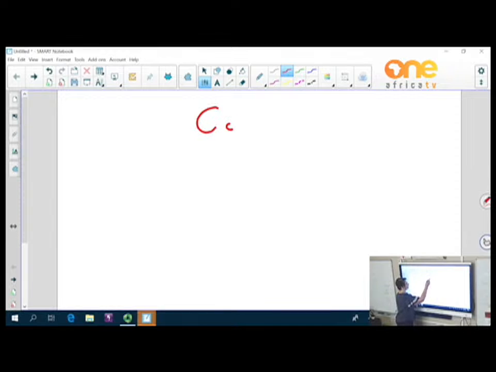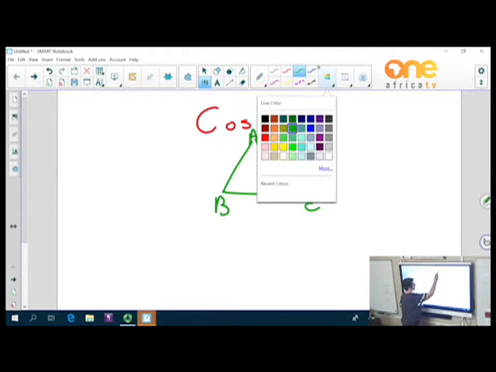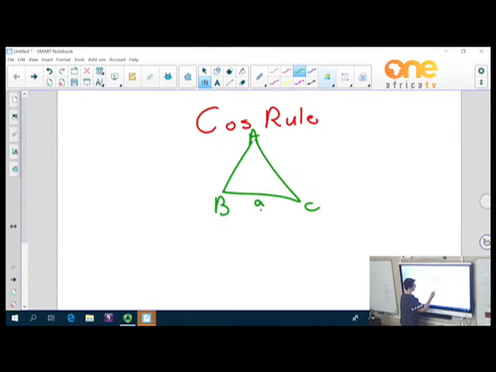What you've looked at was the cosine rule, and we use the cosine rule to get the third side every time. So let's just refresh our minds again. If this is triangle ABC, then this is side A, this is side B, and this is side C. Now what we're looking at today, still using the cosine rule, but now we want to find an angle, a specific angle.